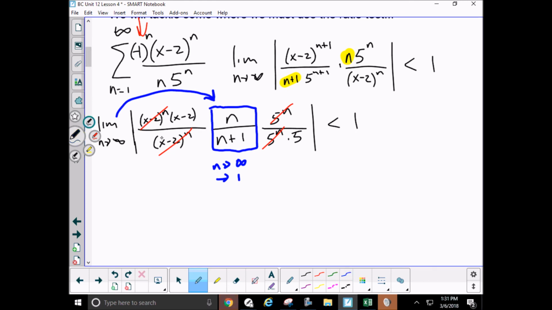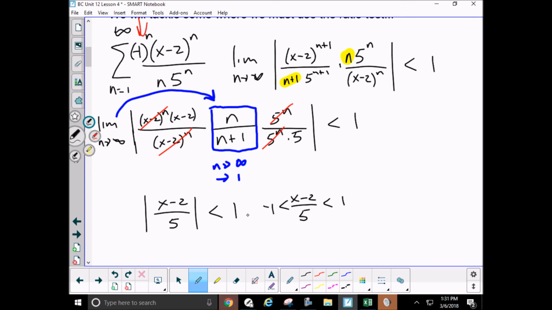I got rid of everything with n's, and I know this approaches 1. I have this inequality with an absolute value set up. The absolute value of x minus 2 over 5 has to be less than 1. I can solve this. We've solved these with geometric series. Okay, leave some space though, because we're going to do more with this problem. Start with x minus 2 over 5 is between 1 and negative 1.